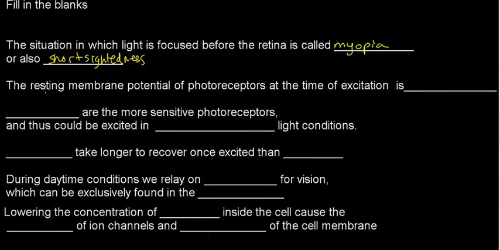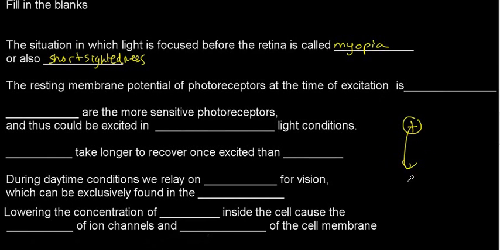Very good. Now, the resting membrane potential for receptors at the time of excitation is something. When we're talking about the resting membrane potential, we're really talking about the level of polarization. At the time of excitation, positive charges can't go in.